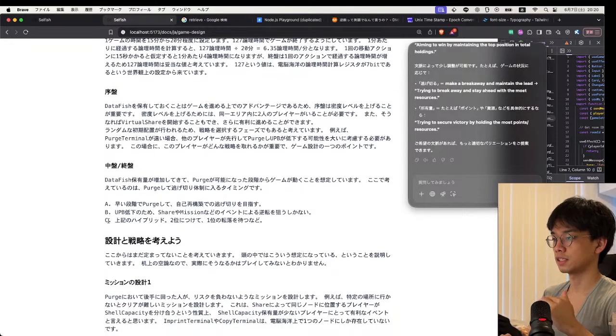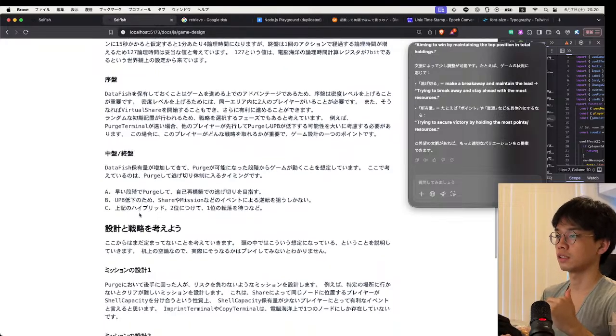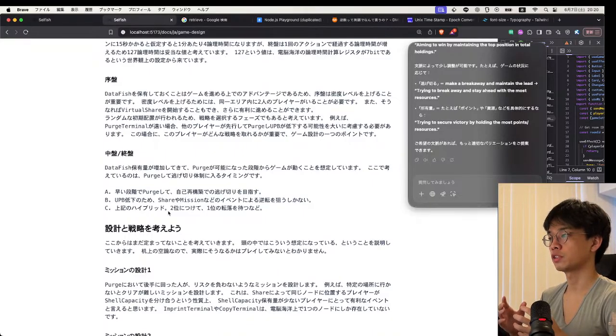And pattern C is a hybrid of A and B. Not top, but can parse data fish and can acquire some amount of share capacity.